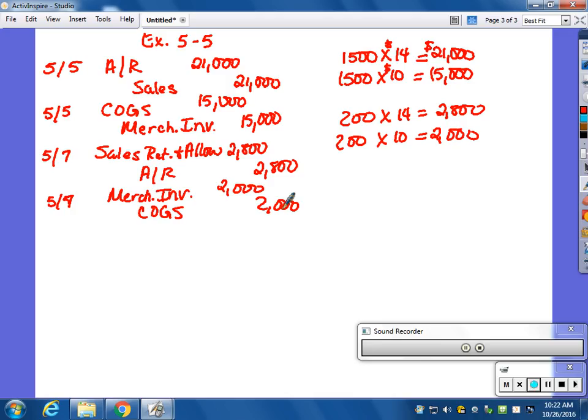So what do we debit and what do we credit? Remember, we're not putting it back in inventory. We're just giving them a credit. So the credit is just to make everything even. Correct. We're gonna take a hit. Correct. Okay. So sales returns and allowances is what we debit. And what do we credit? Accounts receivable, right?